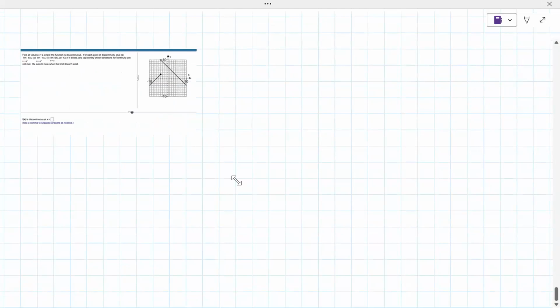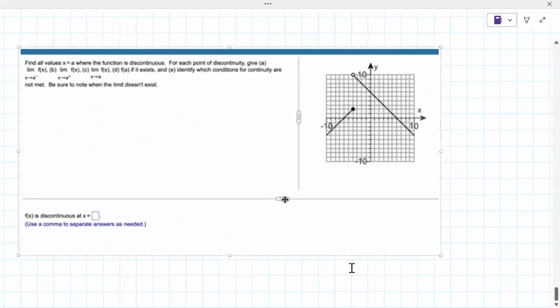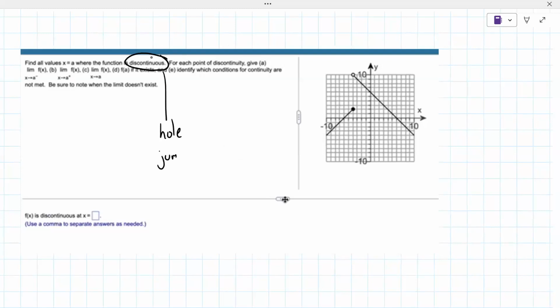All right, so looks like we should have snipped a few more questions. We'll see how far we got. I got 2 more that I didn't snip here. So here we go. It says find all values of x equals a where the function is discontinuous. So discontinuous can be a hole, it can be a jump, it can be a vertical asymptote. But we're looking for the x values.